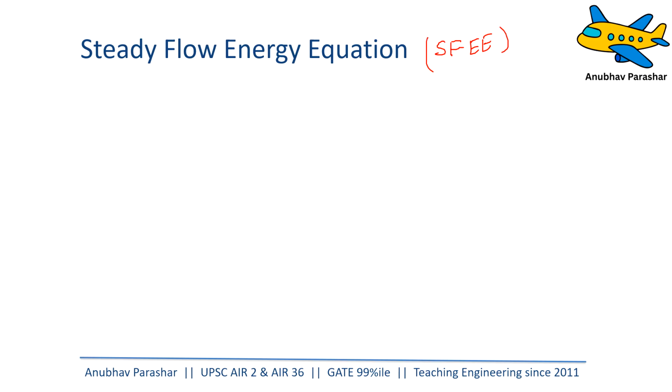So let us consider a turbine. It can be any open system, it need not be a turbine. If you want, I can also consider a nozzle. Whatever it is, it can be any kind of open system. So this is the inlet. Let me mark the inlet as 1. This is the exit, which is 2.